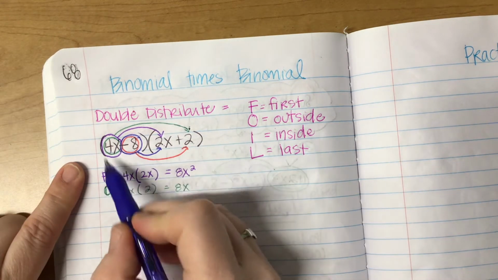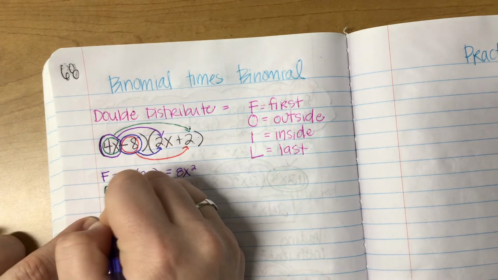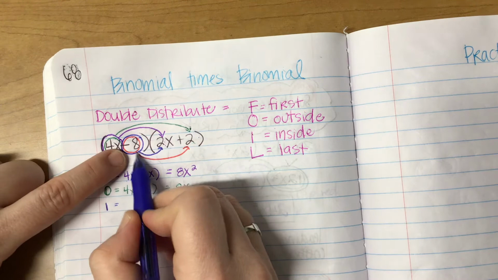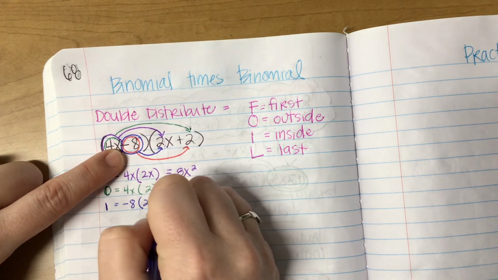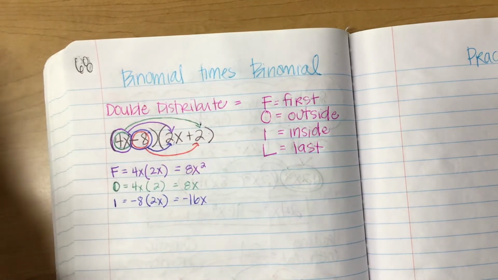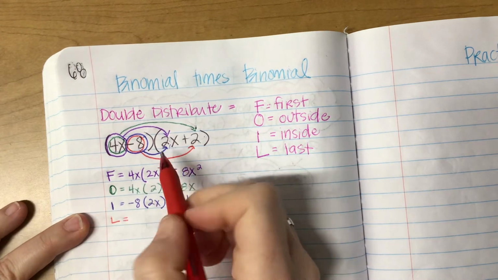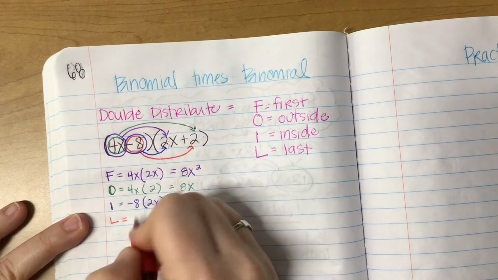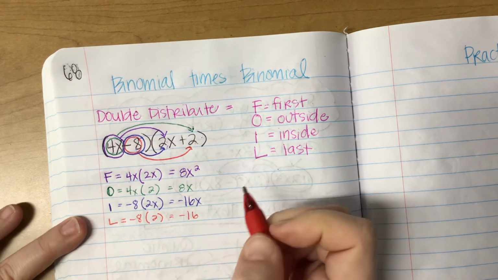Then I've distributed the first term twice. Now I switch. Inside terms, negative 8 times 2x is negative 16x. And L, last term times last term, negative 8 times 2 is negative 16.